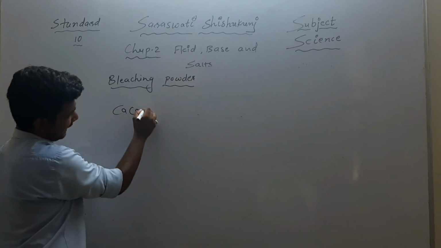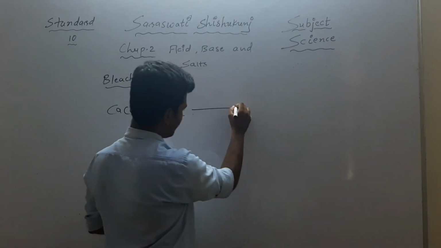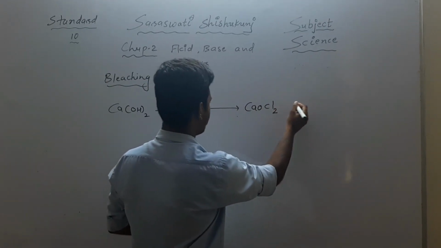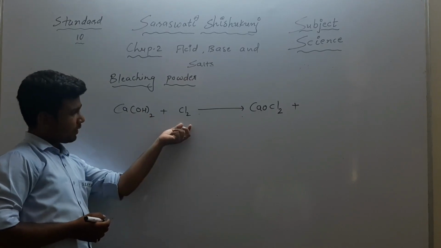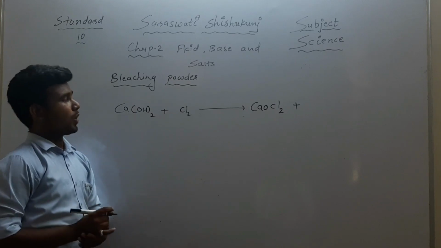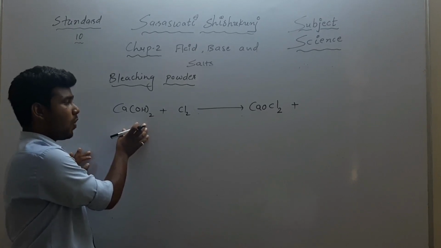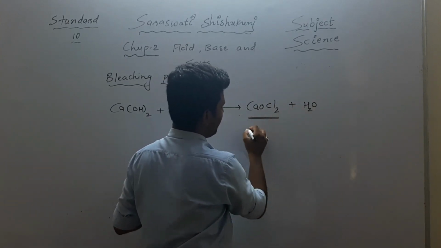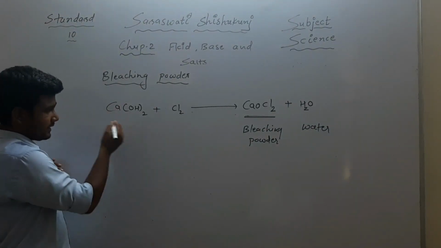Suppose we have slaked lime, and when chlorine gas is passed over slaked lime, it will give us CaOCl2 plus H2O, and this will be our bleaching powder, right? Chlorine we can obtain from the chlor-alkali method also. So how can we write its process? Slaked lime.